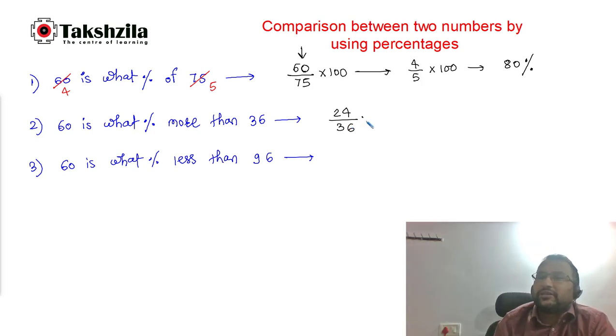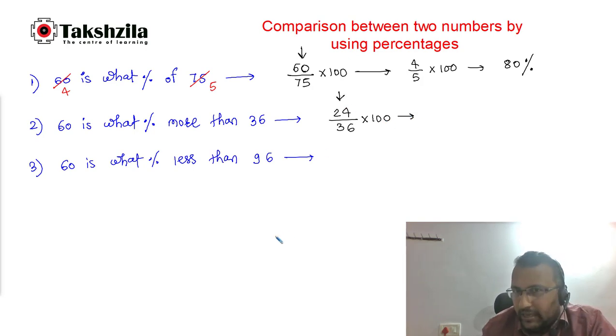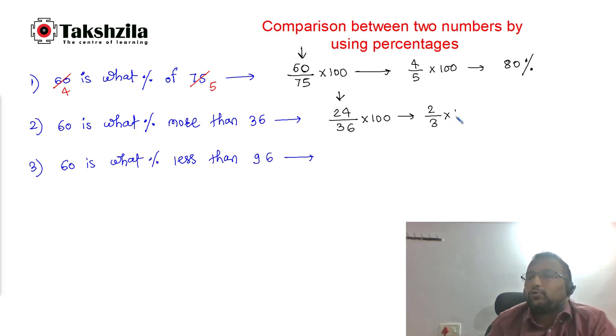To find the percentage, multiply this by 100. But before you multiply with this 100, simplify this fraction. This fraction is going to be how much? 24 divided by 36. That is equal to 12 into 2, 12 into 3. We know that 2 by 3 represent how many percentages? That is nothing but 66.66 percentages.